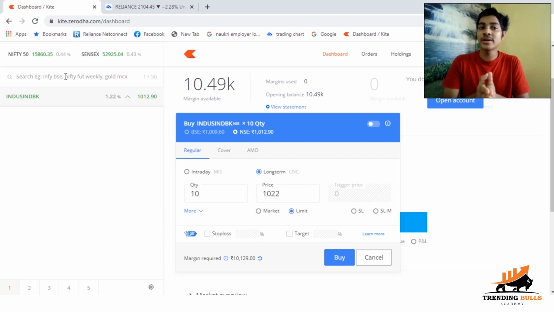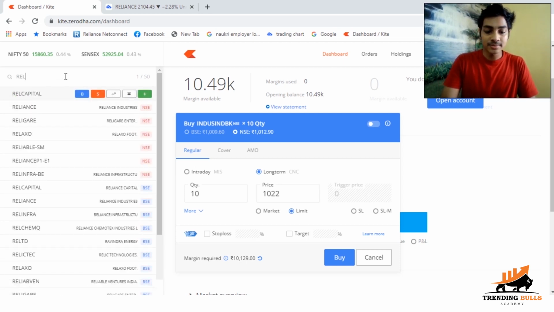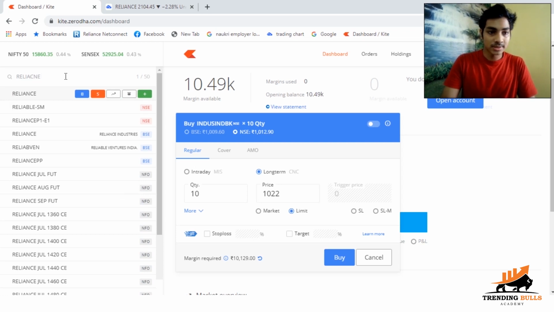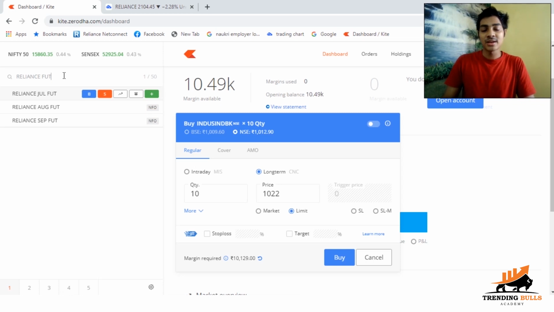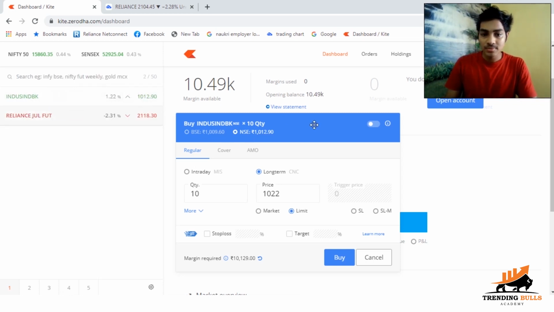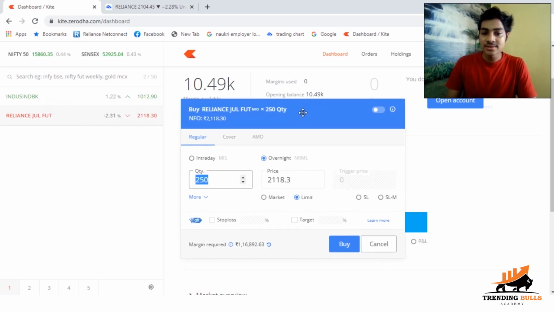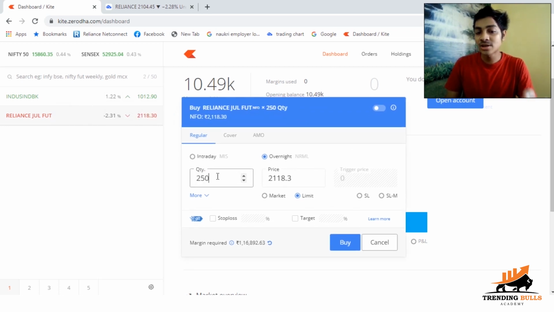So let me show it through the Zerodha account. Let's say I want to buy a future of Reliance. So I'll be typing here Reliance future. Now when I click on July future, this will be added, and when I click on buy, you can see the quantity here is a whole number.